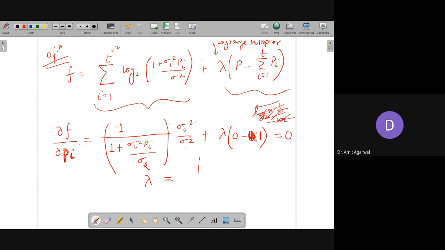Okay, what should be the value of lambda? Lambda is 1 upon 1 plus sigma I square pi whole by sigma square. Correct? So what is the value of 1 over lambda? 1 plus sigma I square.